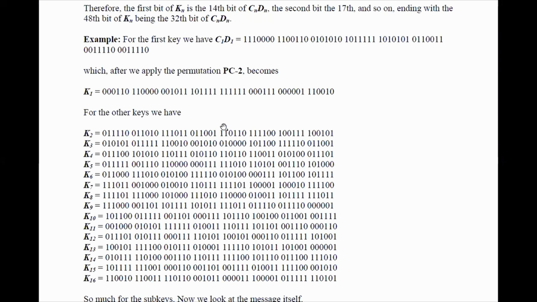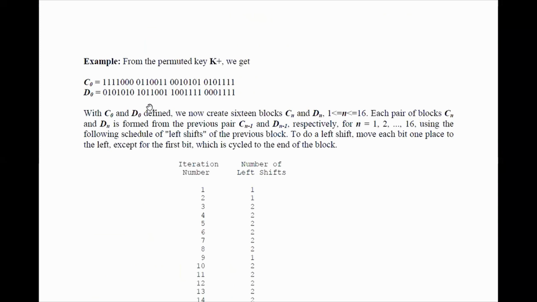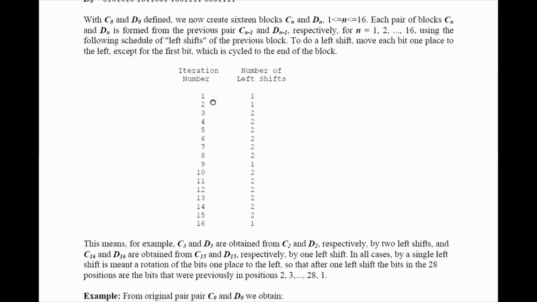But if you take one at a time, you try to understand how C1 D1 is getting converted from C0 D0. Just take one example, you'll understand that logic.